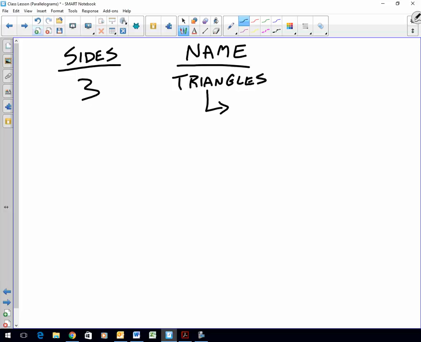Triangles. Triangles that have right angles, what do we call them? You don't have to write this down, just watch. Any shape that has more than two sides. We don't call it a two-sided figure; we call it a line and another line.